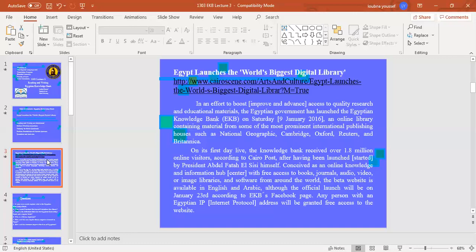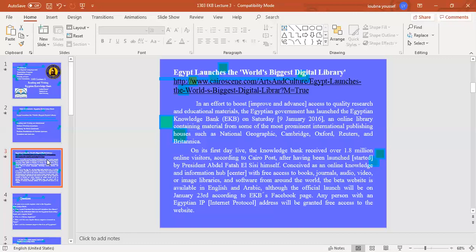On its first day live, the Knowledge Bank received over 1.8 million online visitors. Now, of course, this tells you how important this Knowledge Bank is, and the fact that the Egyptians understood the importance of this bank.